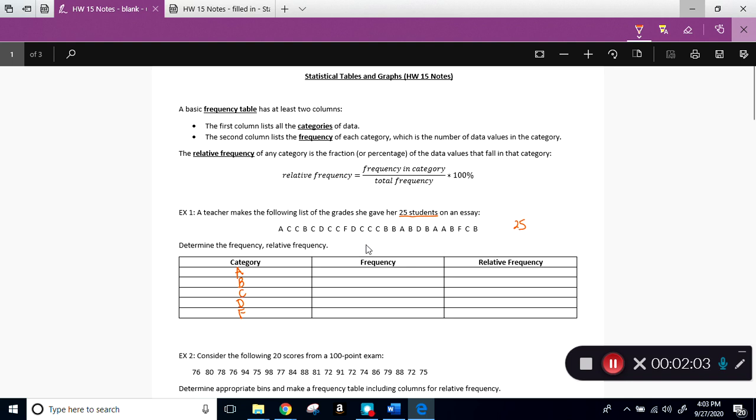I mean, you could count them and say there's 25, but so let's look at all the A's. So maybe you underline them and make sure you got them all. But it looks like there's 4. Now you could make tally marks as you go, 1, 2, 3, 4 like this, and write 4.